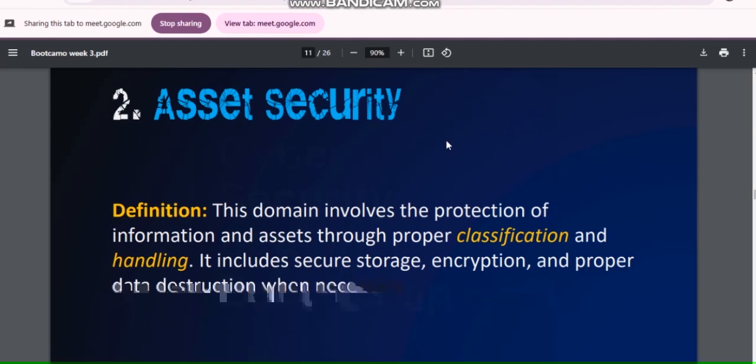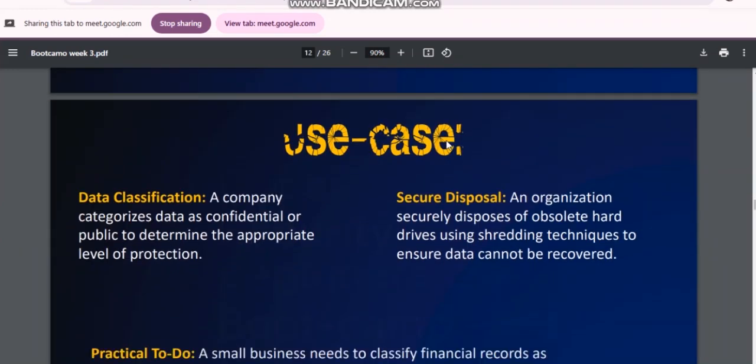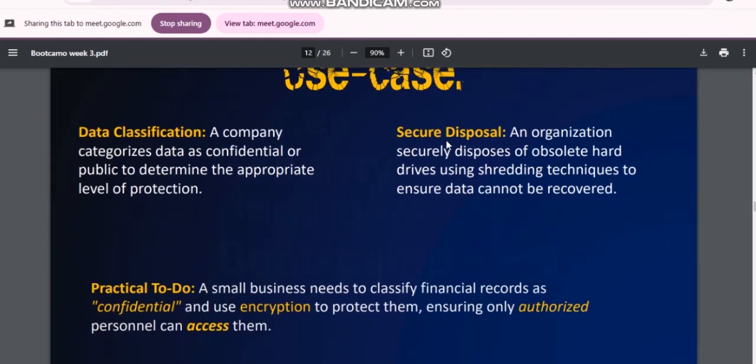Exactly. So the use case, data classification: a company categorizes data as confidential or public to determine the appropriate level of protection. All data don't come the same and all of them don't work the same.